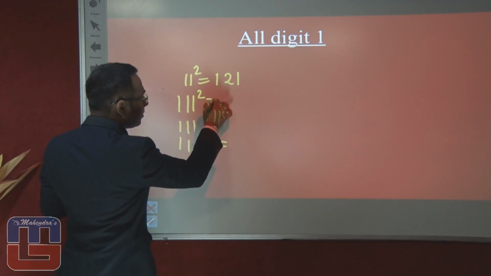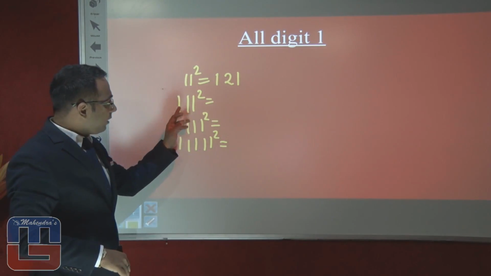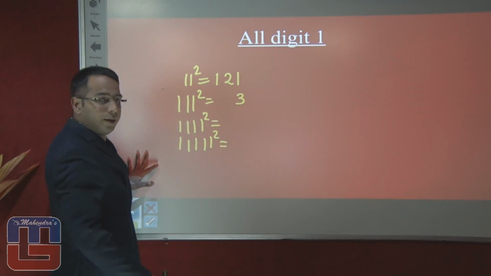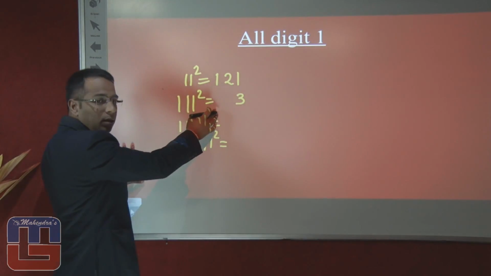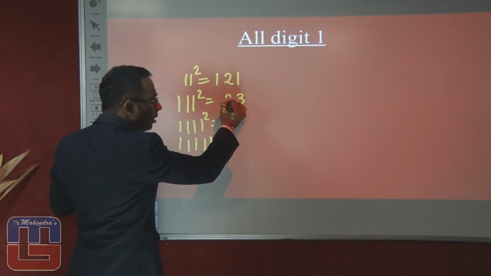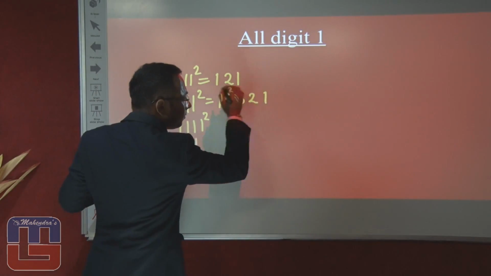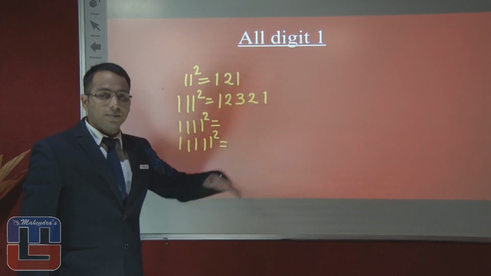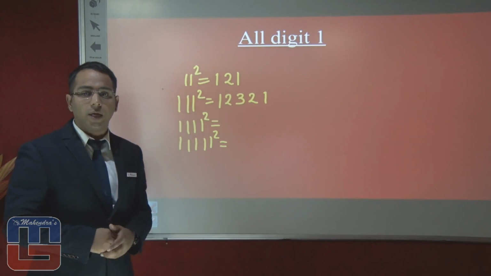How? See, here it is a 3-digit number. So we write 3 in the middle. Then what we do, we expand 3 to 1 on both the sides, 3 to 1, 3 to 1. 111 square is 12321, or you can say 12,321.